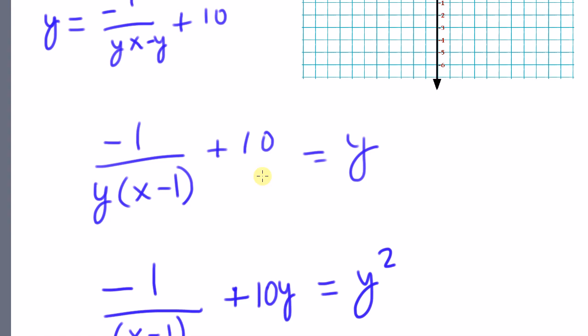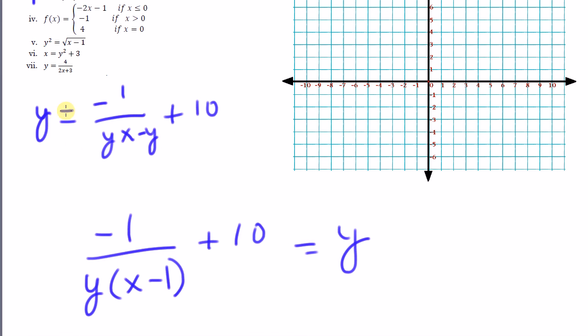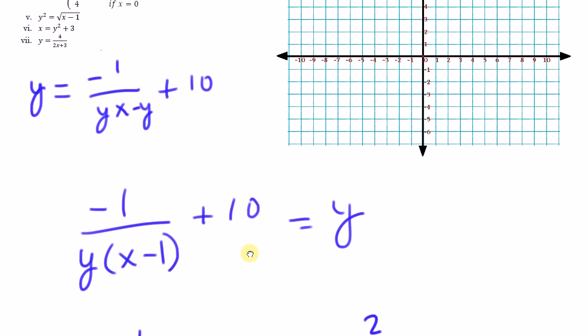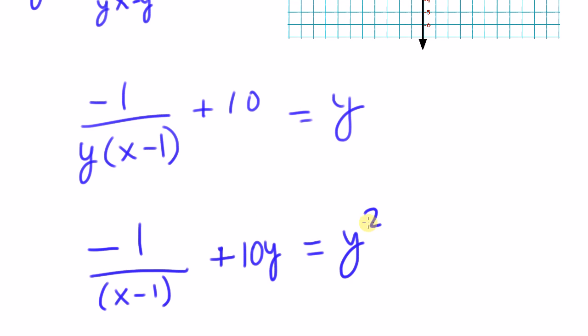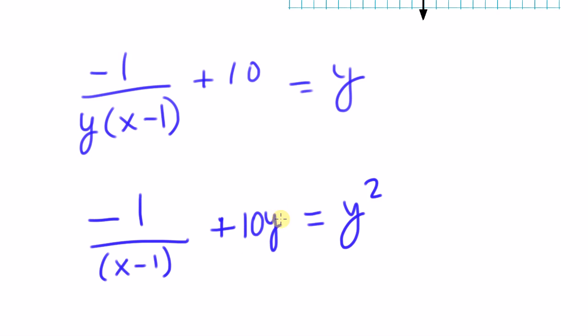So remember when I asked in the beginning, am I going to get a y squared? And the reason I took the time to see if I would in fact get a y squared is that I don't have anything else, well, this is 10y.